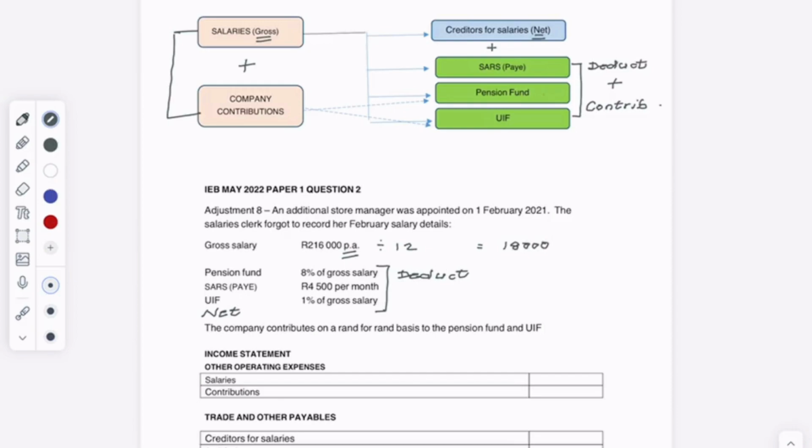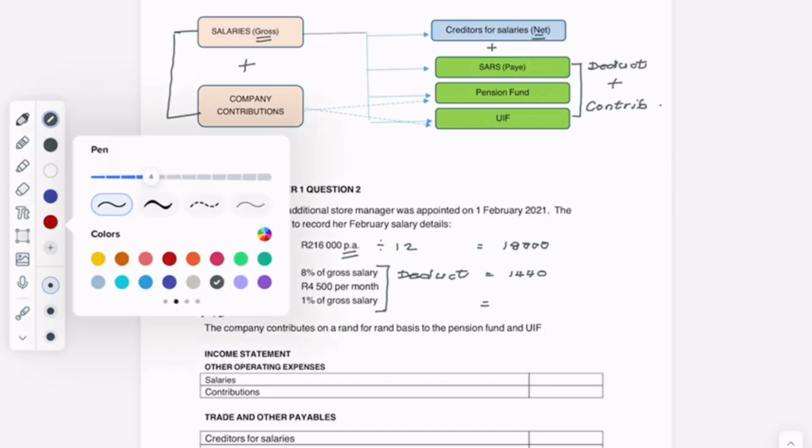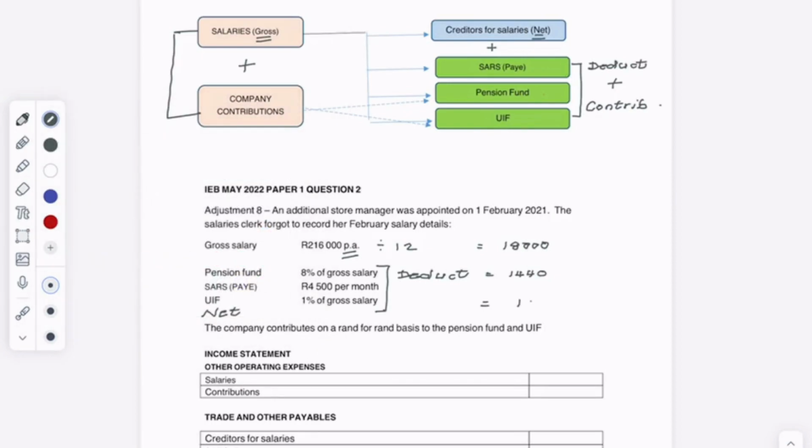Pension, 8% of gross, is equal to 1,440 Rand. PAYE has been worked out, and the UIF is 1%, which comes to 180 Rand. So if we now deduct those three figures from the gross salary of 18,000 Rand, you should come to a net salary of 11,880 Rand.